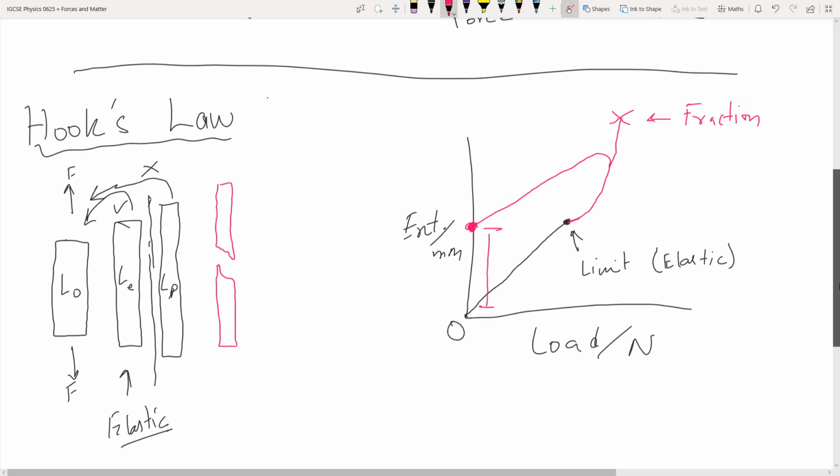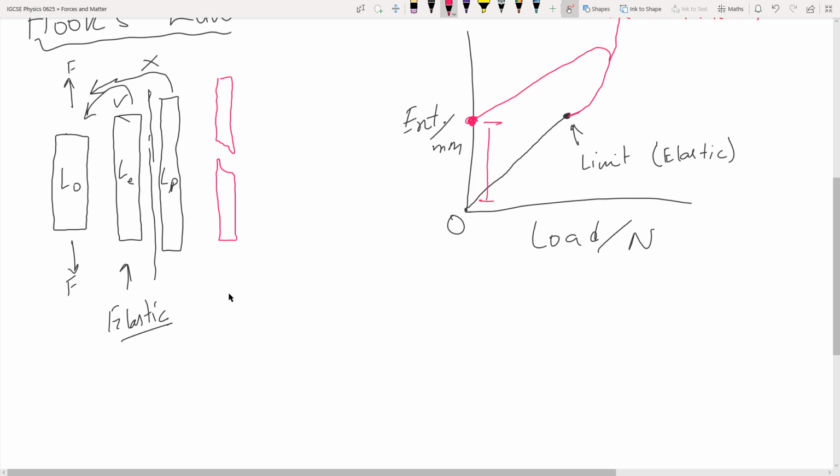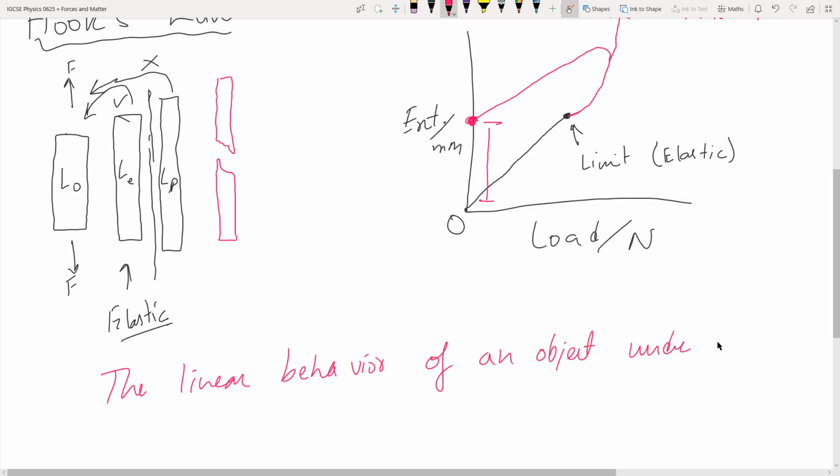It is this linearity, right? So the linear behavior of an object or sample under stress or load, I will call it stress, right?